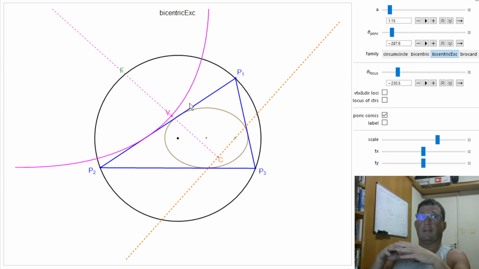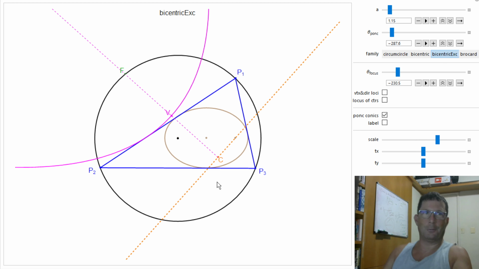This is a Poncelet family of triangles, inscribed in a circle and circumscribing an ellipse where one of the foci of this ellipse coincides with the circumcenter. So you can see here that this is my caustic, and one of its foci, here's the center of the caustic, one of its foci coincides with the center of the circumellipse.